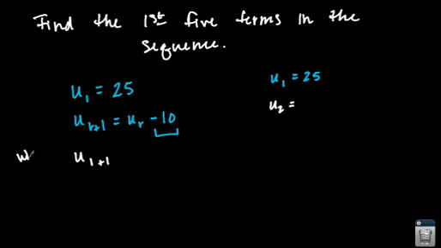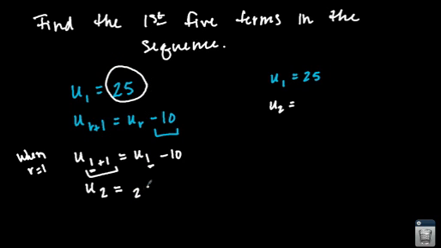So this is when r equals 1, equals u sub 1. So when r equals 1, I'm subbing in 1 here and here for r minus 10. So now I'm finding u sub 2, because 1 plus 1 is 2, and u sub 2 means term 2. U sub 1 is 25. That's a given. Minus 10, that tells me that u sub 2's value is 15.